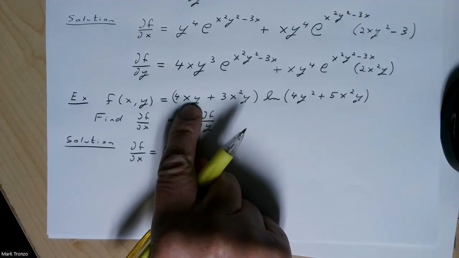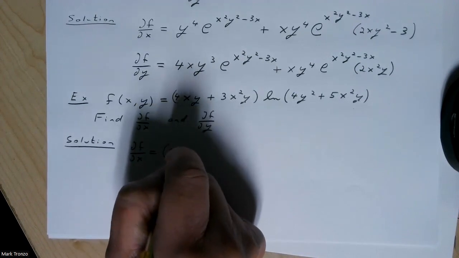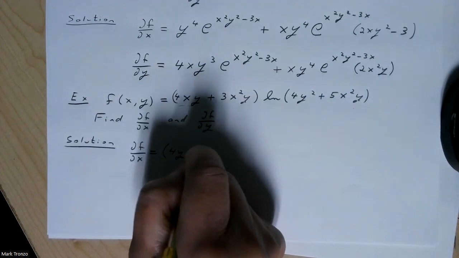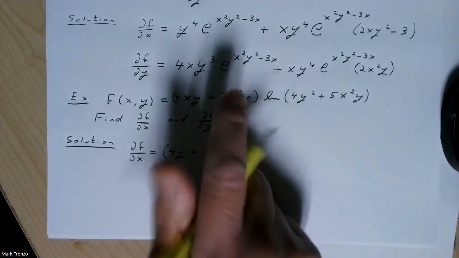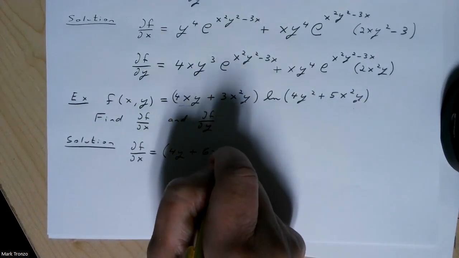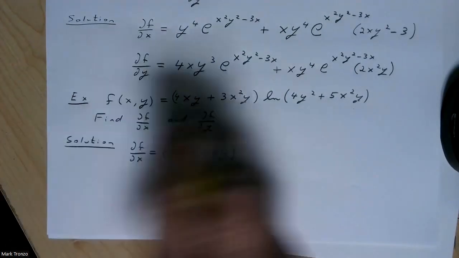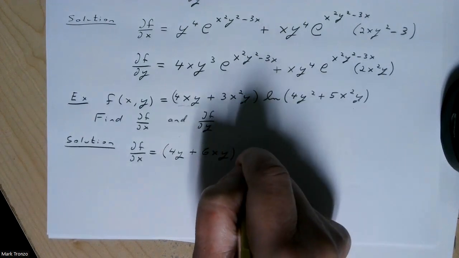This is going to give us what? 4y plus, derivative with respect to x, 6xy times this.